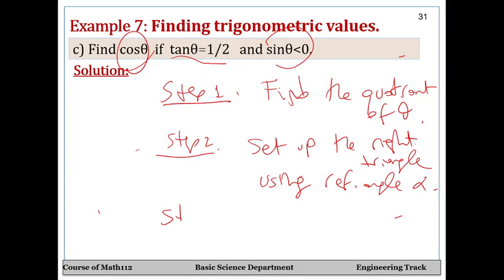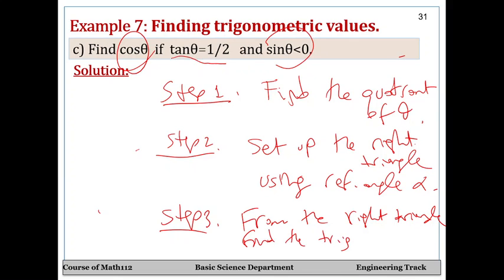And then step 3, from the right triangle, find the trigonometric value which is asked. Step 4, put negative or positive depending on the quadrant.